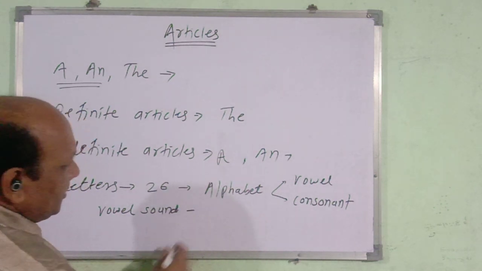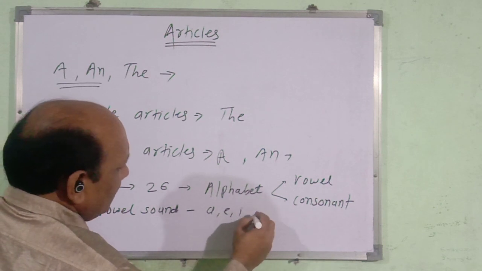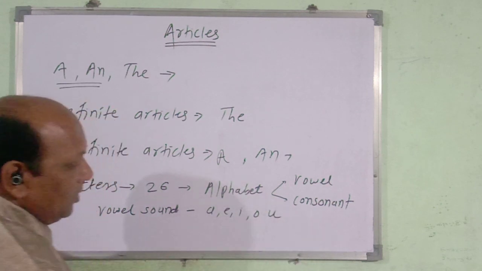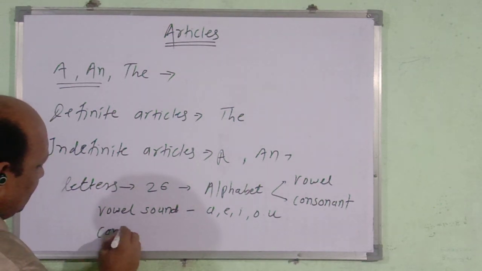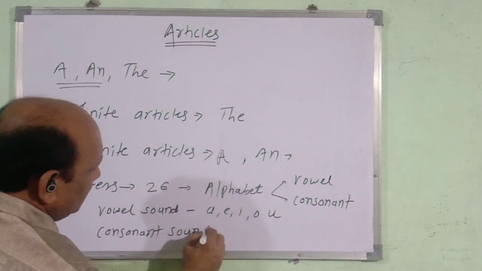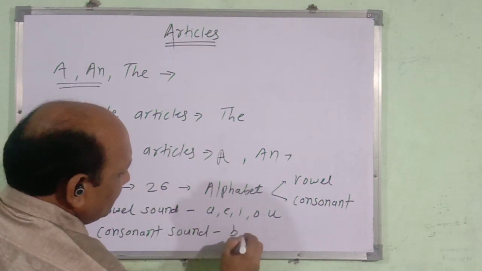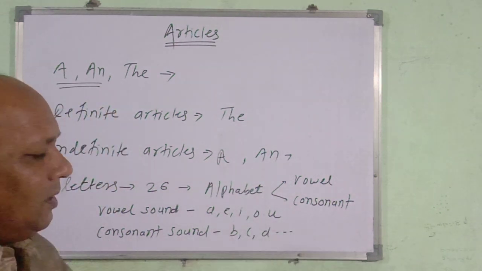When we are talking about the vowel sound, there are mainly five types. Which ones? A, E, I, O, and finally U. And when you are talking about the consonant sound, that is B, C, D, and so on, 21 in all.